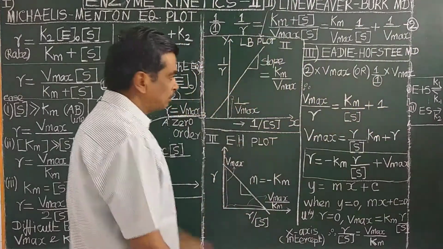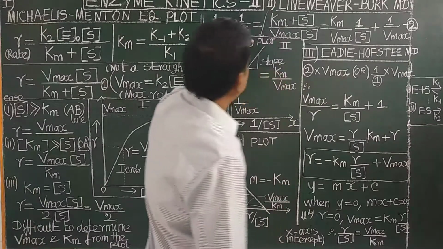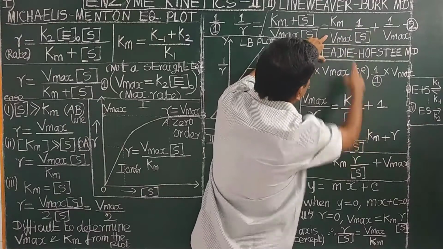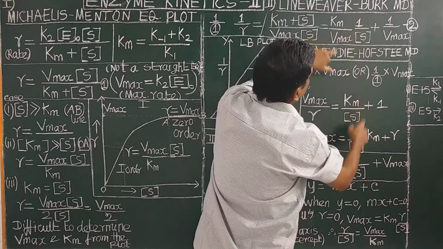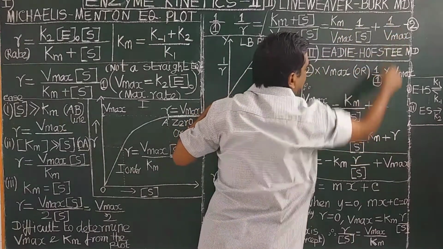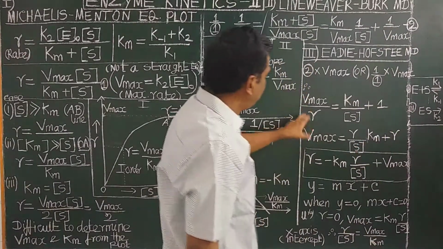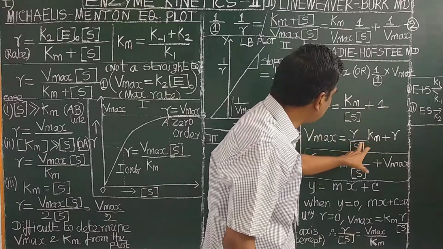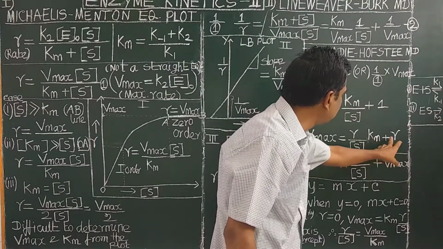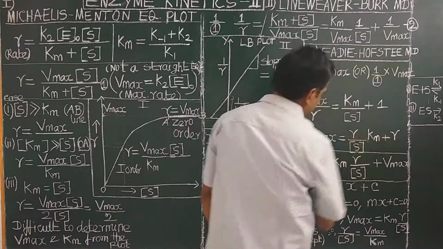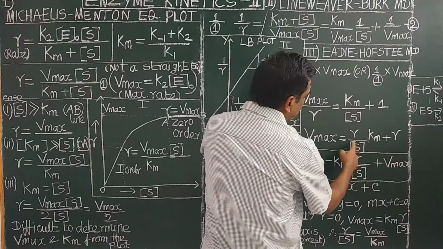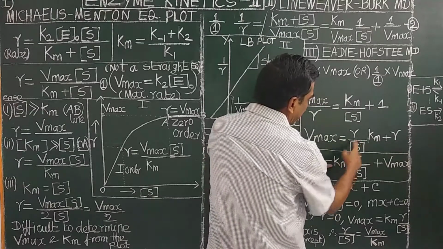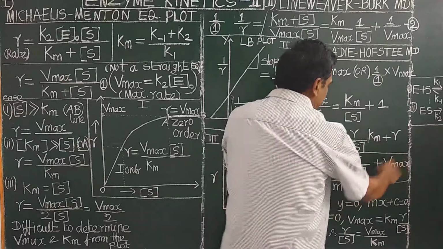Both are the same. Vmax multiplied by 1 by r gives Km by substrate concentration plus 1. Therefore, on cross multiplying, Vmax equals r Km by S plus r. Now you take out r. Therefore, r equals minus Km times r by substrate concentration plus Vmax.